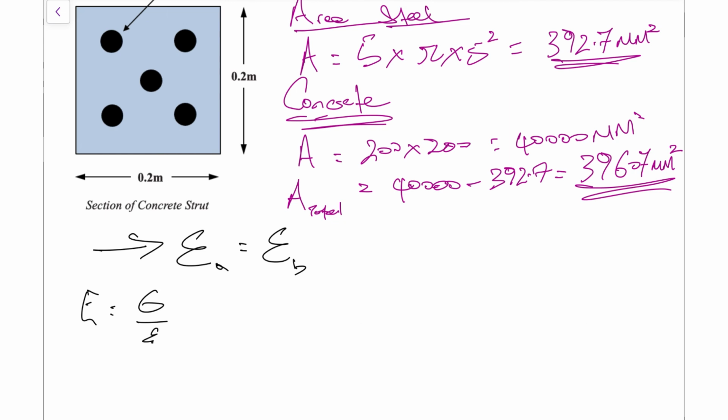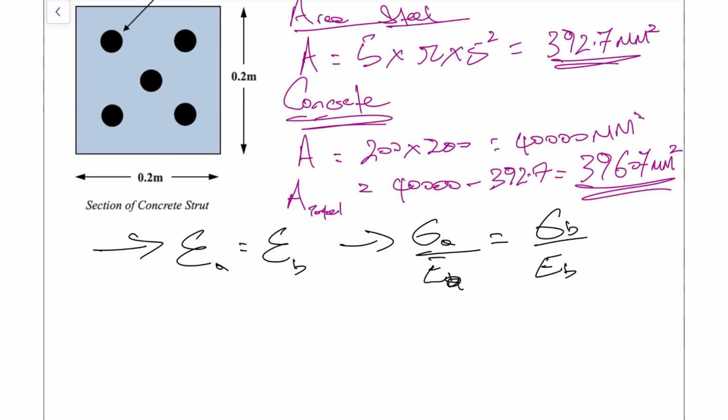So we can rearrange this then to give us our strain as the stress. So we'll have stress in material A over Young's modulus in material A, and those two things should be equal as well. So that should be equal to the stress in B over modulus of elasticity in B. So this is going to be the same effect, the same ratio. So that's the first thing.